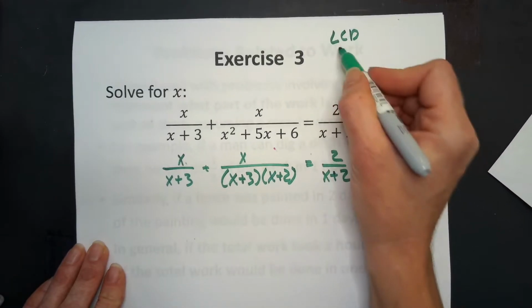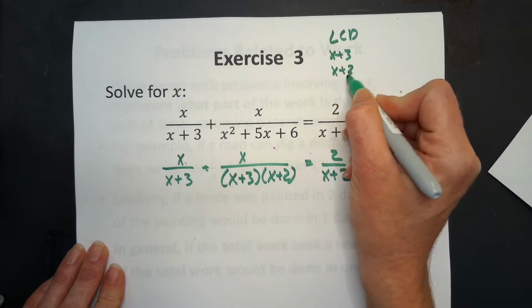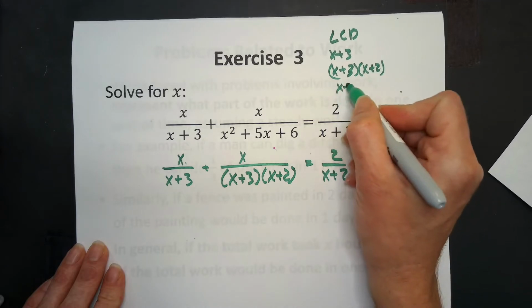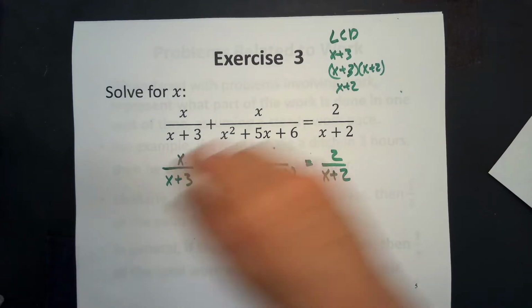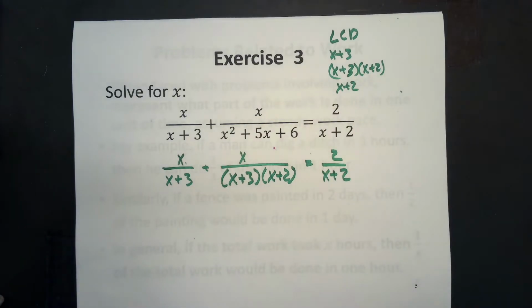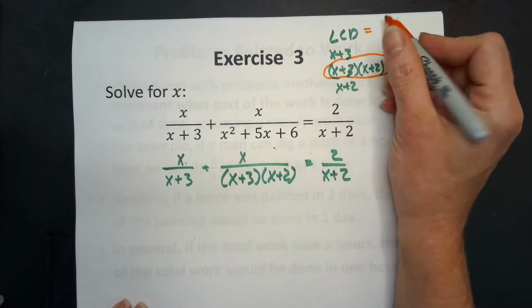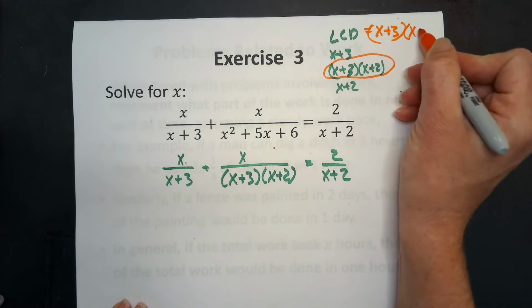So for my least common denominator, I need an x plus 3 times an x plus 2, and then I have an x plus 2. So take the highest power of each factor; you can get it all from the same term. So my least common denominator is x plus 3 times x plus 2.